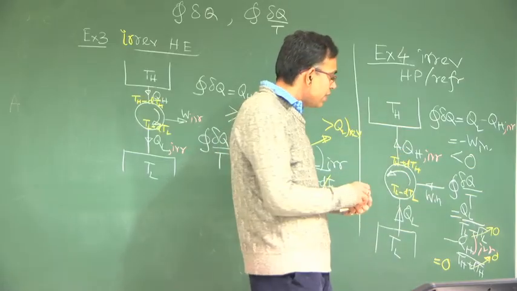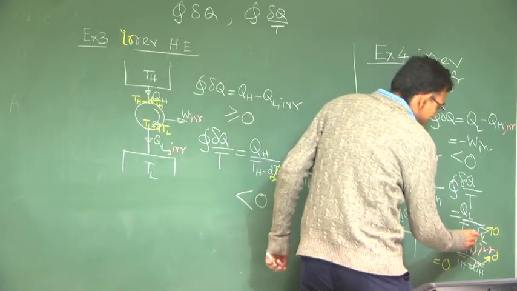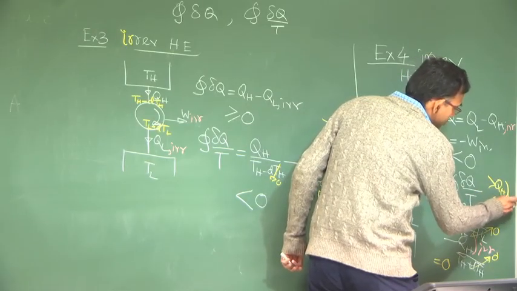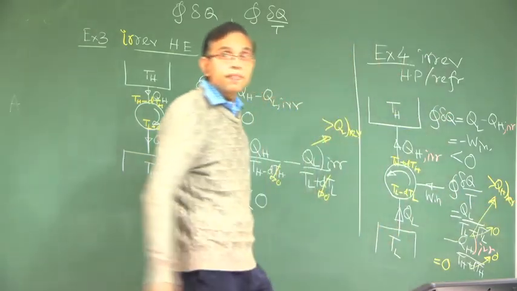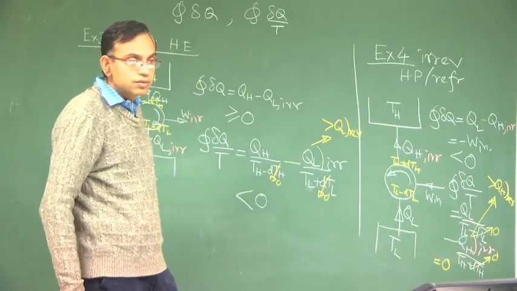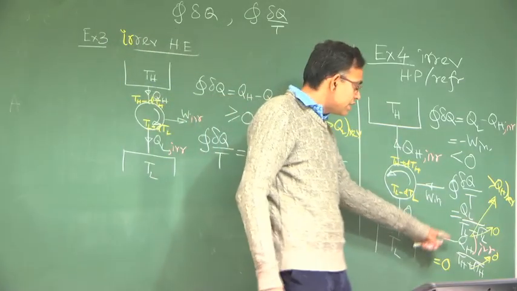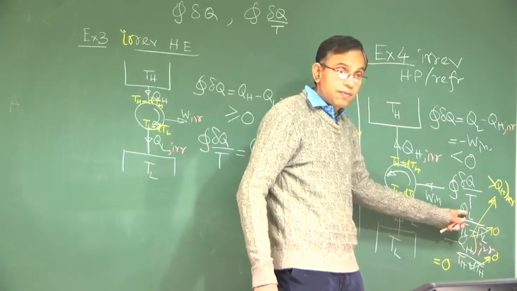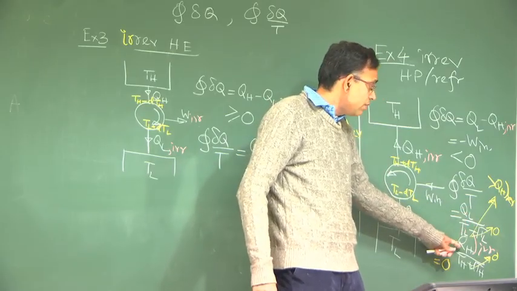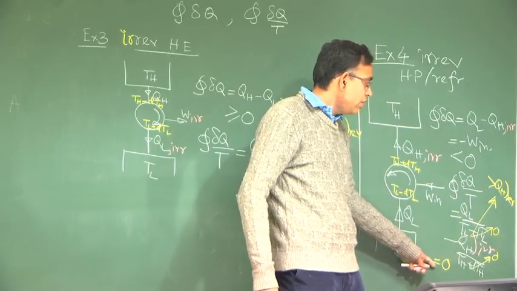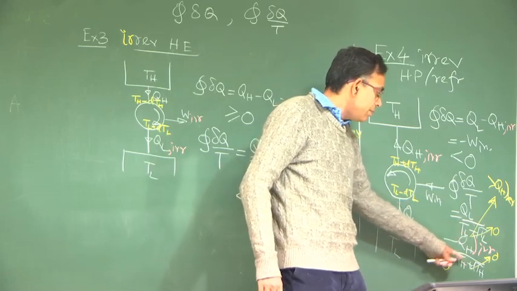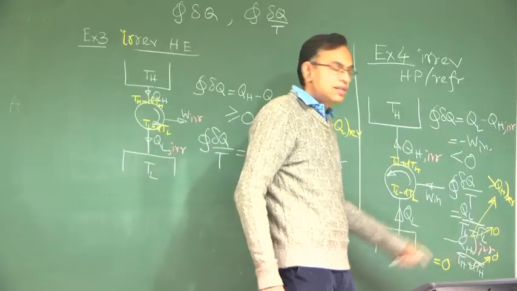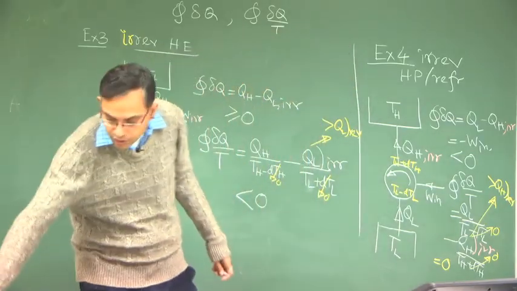So, QH irreversible is greater than QH reversible. Okay. So, because QH irreversible is greater than QH reversible, for the same QL, with QH reversible it was equal to 0, with a number greater than that subtracted it will become less than 0. So, this will now be less than 0.